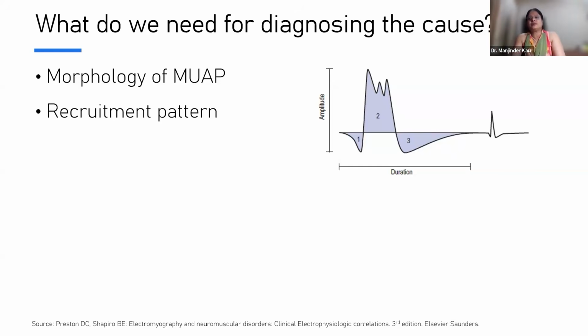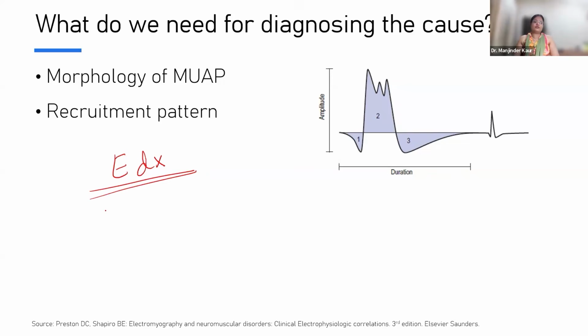Now you have a patient of muscular weakness and you are doing an electrodiagnostic study, right? So what in electrodiagnostics would you do to confirm your diagnosis, whether it is neuropathic, myopathic, or the neuromuscular junction? Only EMG is not sufficient to diagnose the neuromuscular lesions.